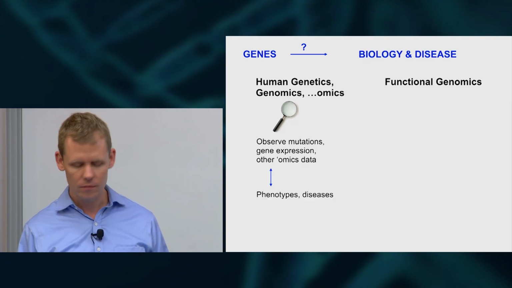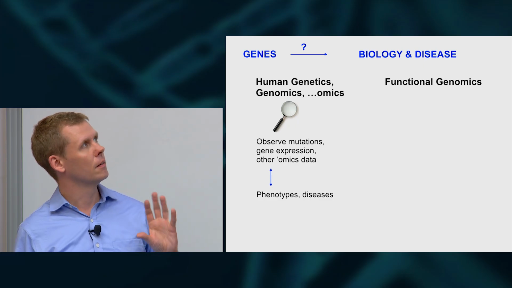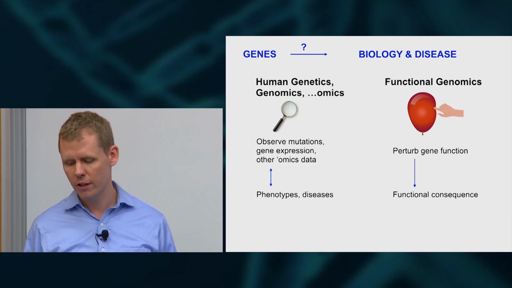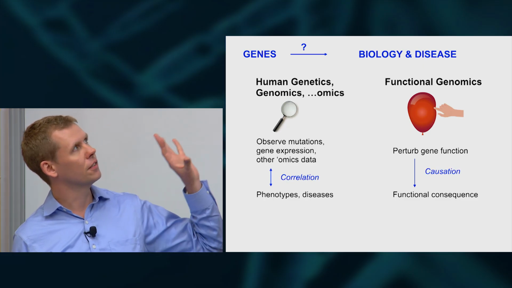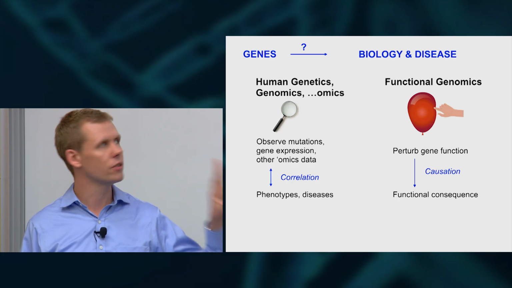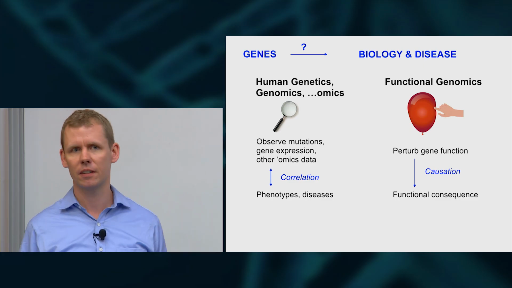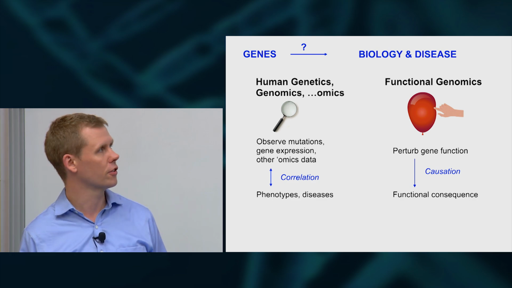The approach that we'll be talking about today is a functional genomics approach where we perturb the system, we perturb gene function and then observe the functional consequences. So intrinsically, these observational omics approaches are based on correlation, versus a system that enables us to perturb gene functions can really lead us to understand causal relationships.